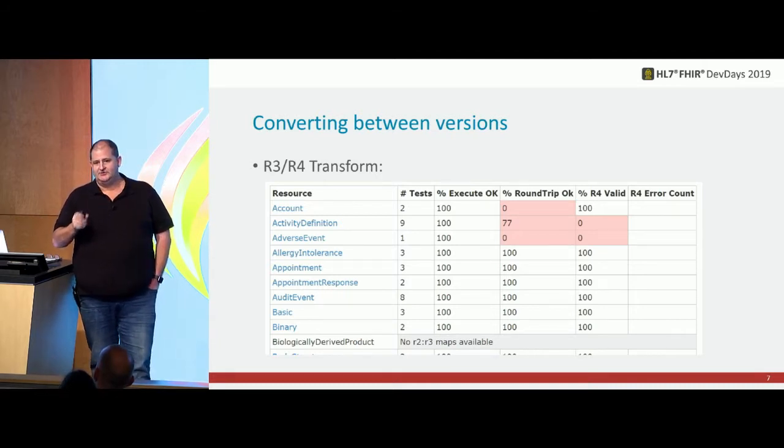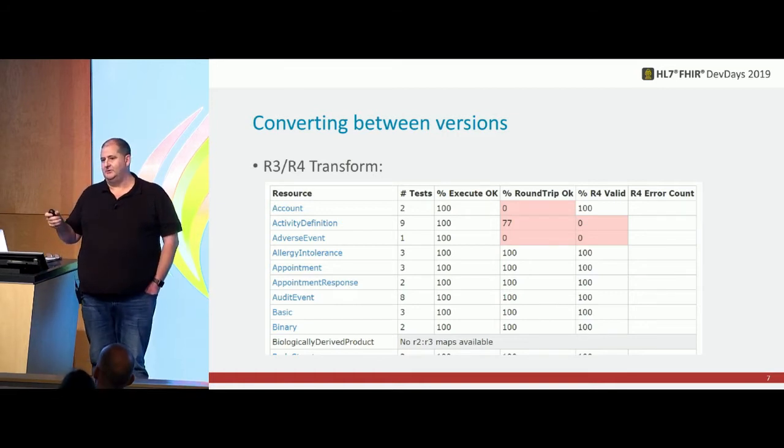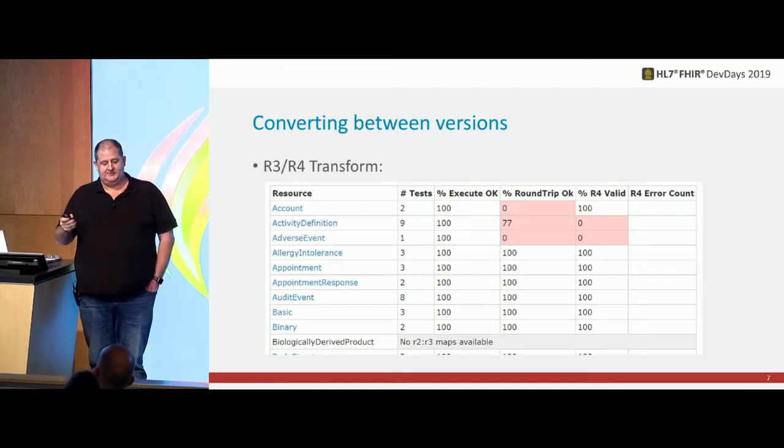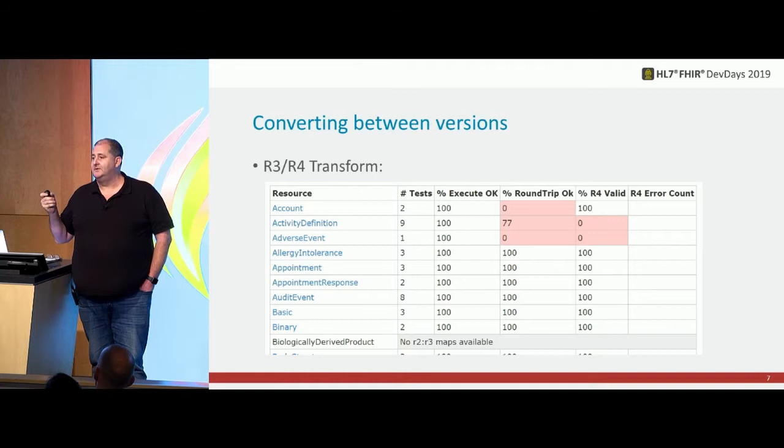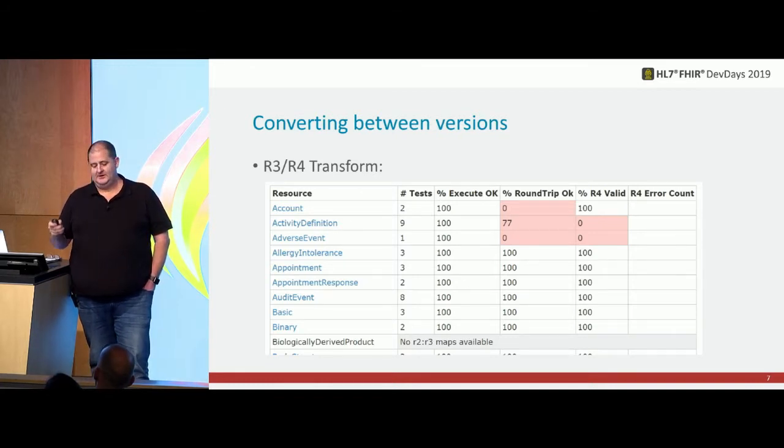for account in release 3. So I take the release 3 resource and I convert it forward to release 4. And 100% of those evaluated okay. And then I validate those against R4. So I want to know, if you took the release 3 resources and converted them to R4, are they valid? And you'll see that for account, 100% of them were.